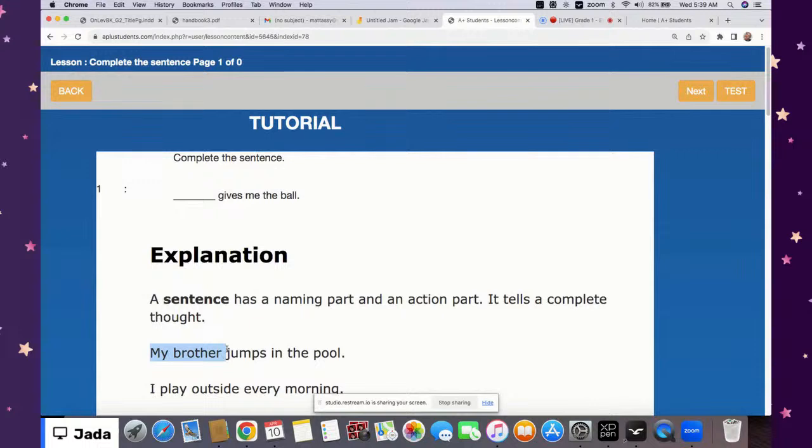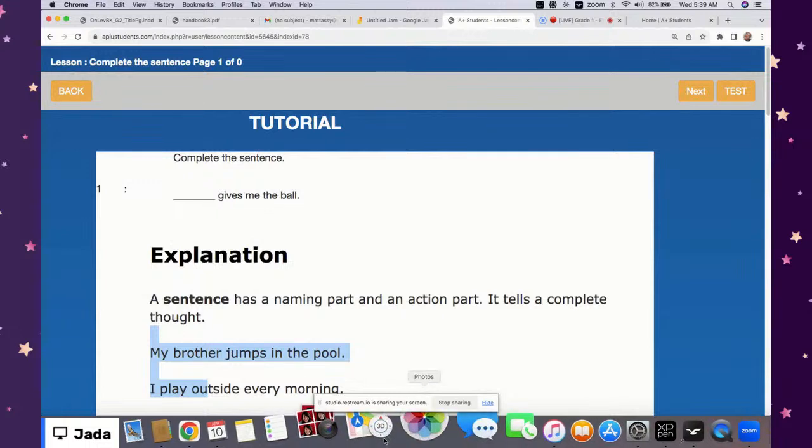So in this one, we will be filling in either the naming or the action part, because we already know what the action part and the naming part are. Of course, we know that a sentence has a naming and action part, and usually the naming part is the beginning, and the action part is like the action going on in the sentence.